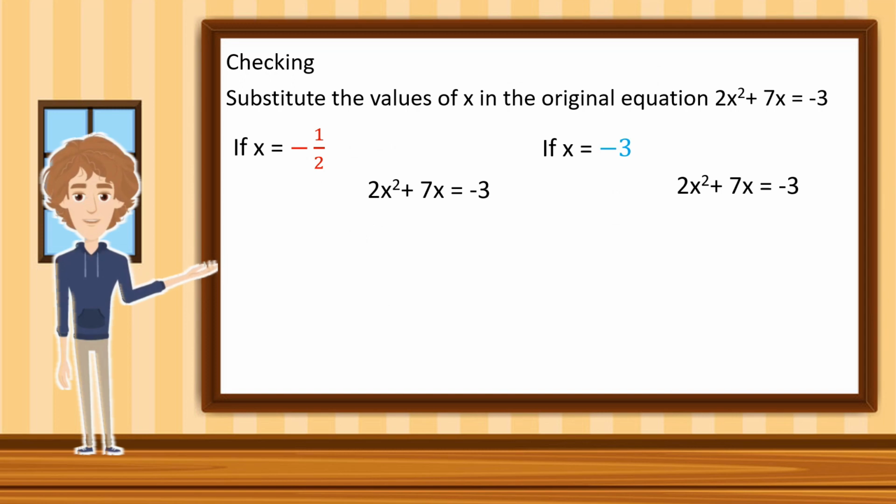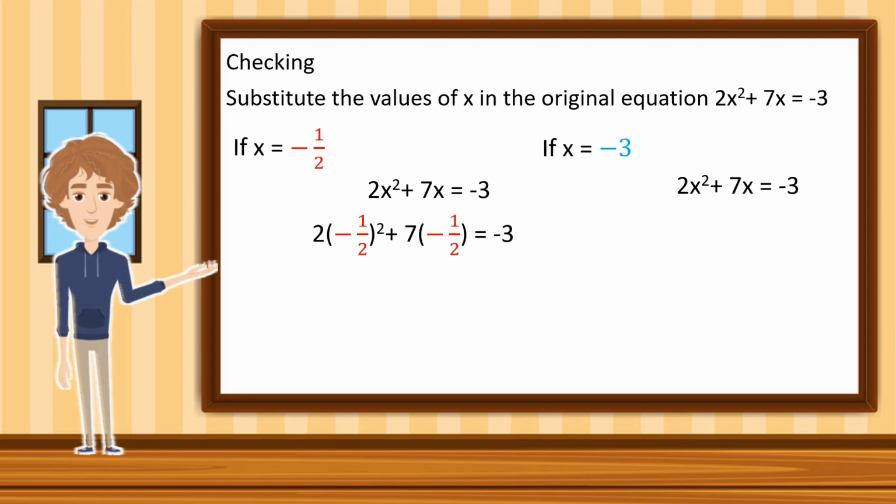Now to check if our answer is correct, we will substitute the values of x in the original equation, 2x squared plus 7x is equal to negative 3. If x is equal to negative 1/2, let's see if the answer is negative 3.